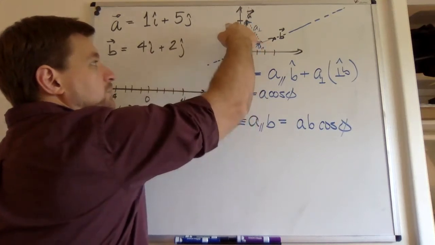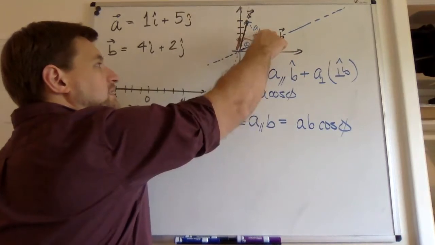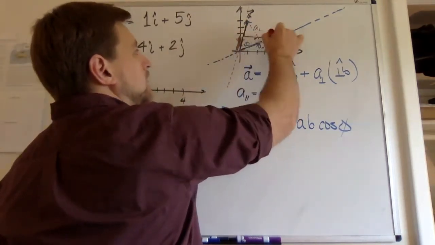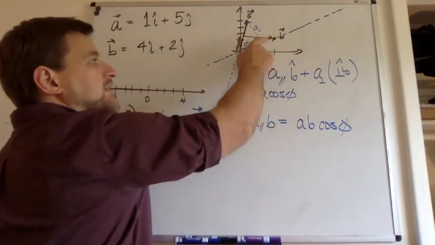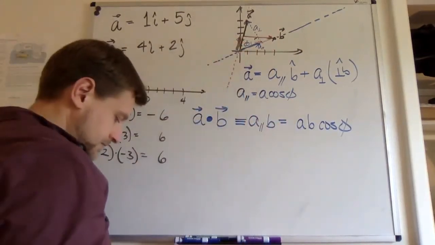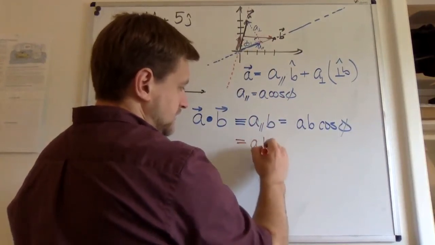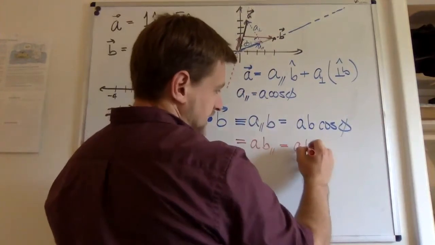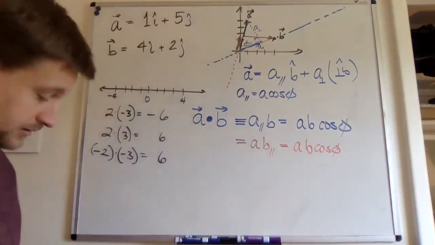That parallel component is the magnitude of B times, again, the cosine of the angle phi between the two of them. So we're going to end up with A times B parallel to it, which is, again, A times B cosine phi. So it's going to get us the same answer either way we think about it.